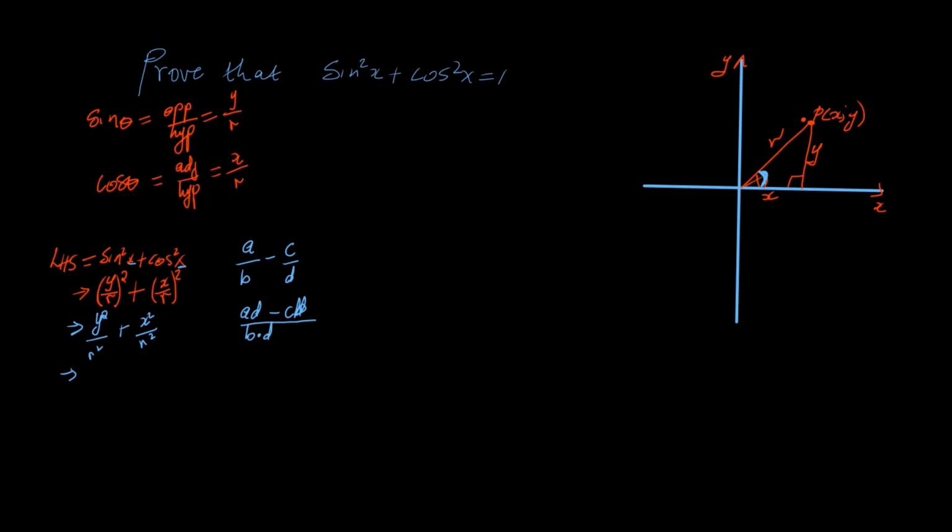Although we can see that we have the same denominator, so we can just have y squared multiplied by r squared plus x squared multiplied by r squared, all divided by r squared multiplied by r squared. Take out the common factor, we'll just have r squared into y squared plus x squared, all divided by r squared multiplied by r squared.